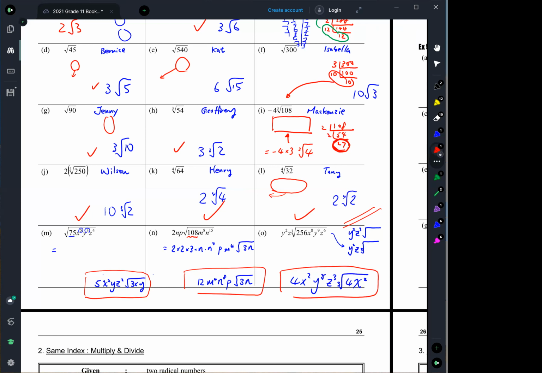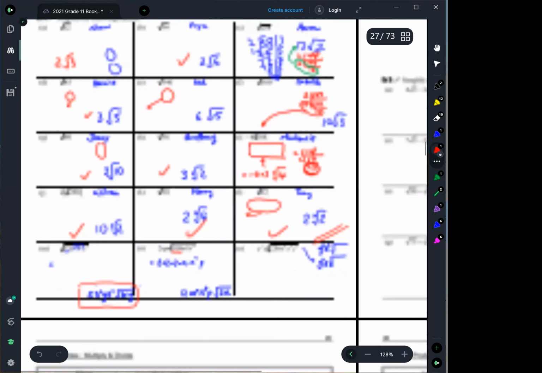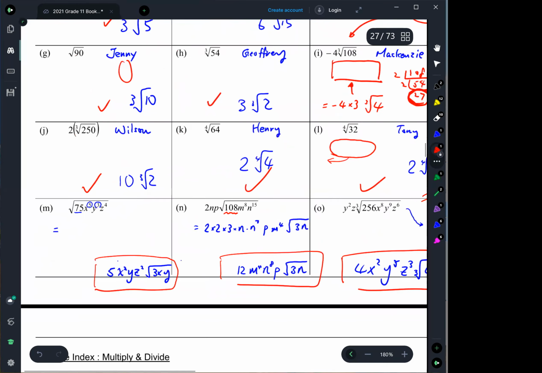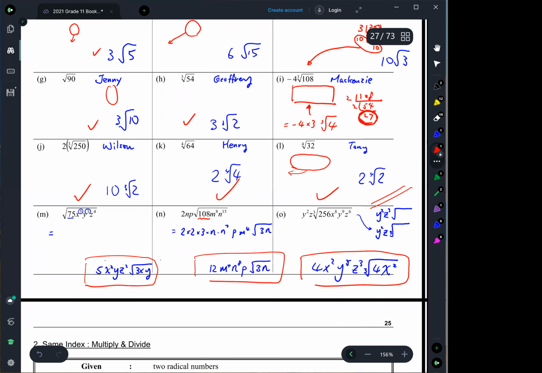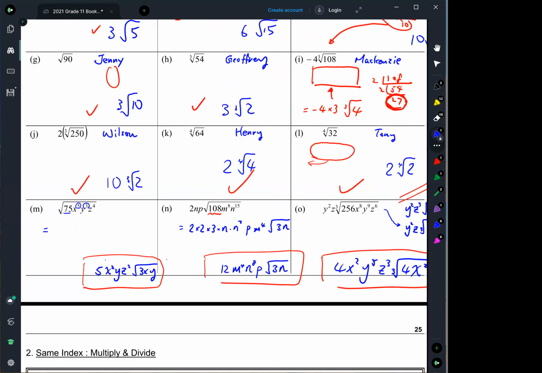I'm still a bit confused about the variable square root thing. For the last 3 questions, which one are you working on? I'm working on N. On question N? Okay, so for the 108, you know how we got the 2 and 3 to come out? I think we did the factoring thing. Yeah, so the number part is okay.